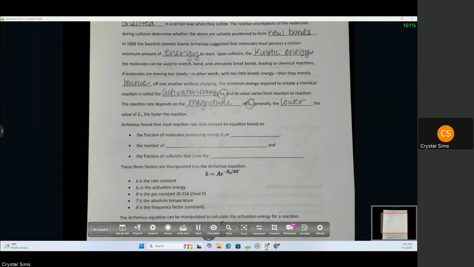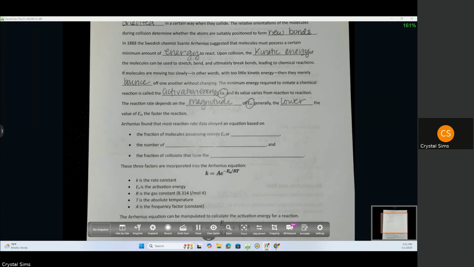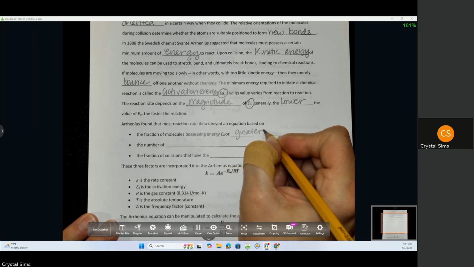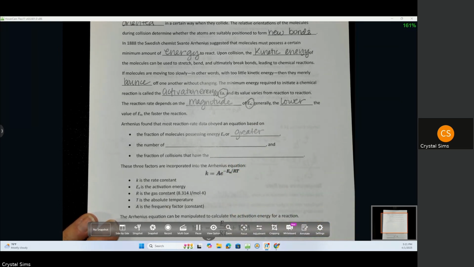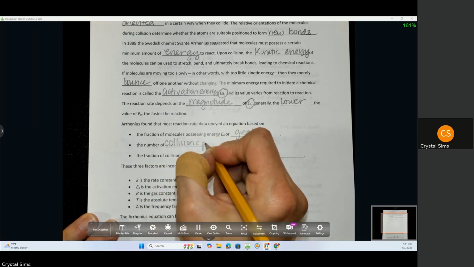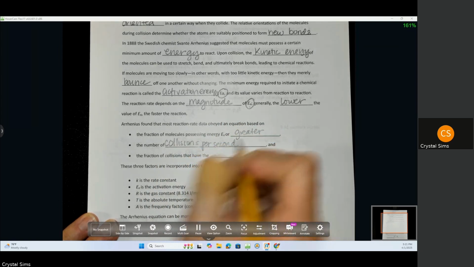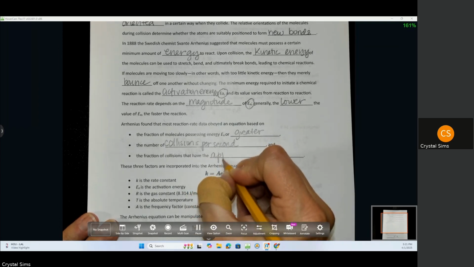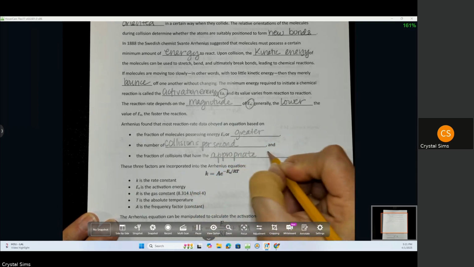What he said is that most of the data around reaction rate obeyed a particular equation based on three things: the fraction of molecules possessing a particular amount of activation energy or higher, the number of collisions per second, and the fraction of collisions that have the appropriate orientation.